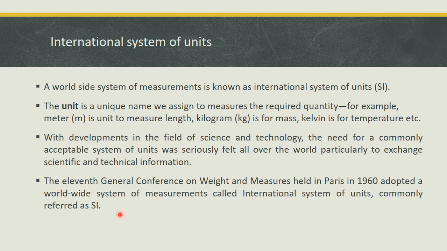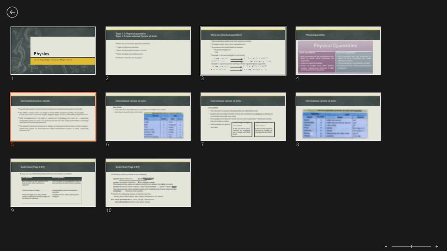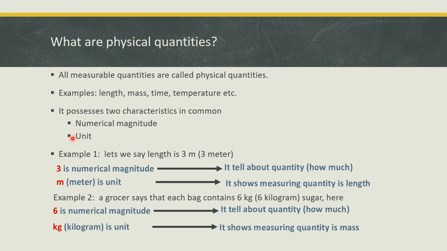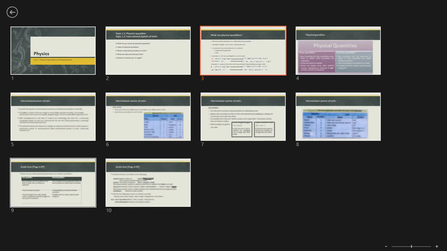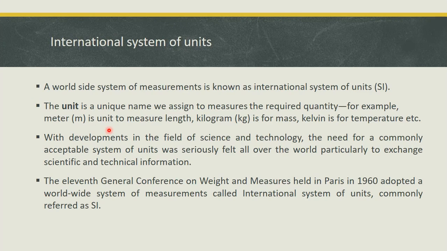Now, a very important thing: the international system of units. As you see in this slide, to measure a physical quantity we require a numerical magnitude and a unit. Now, the unit is very important. If we do not have a unit, we cannot qualify which quantity is to be measured.